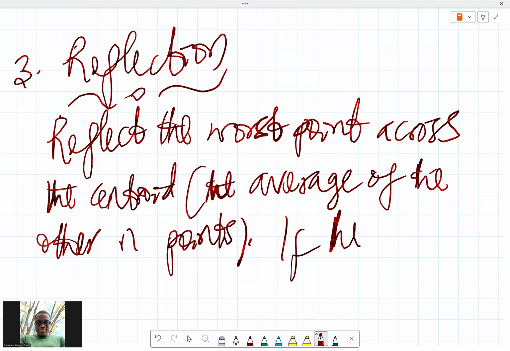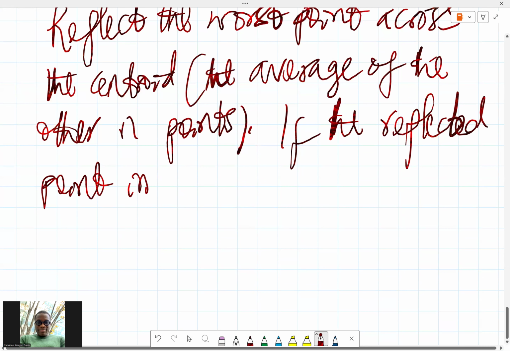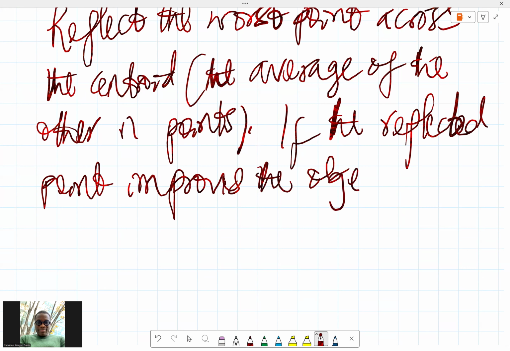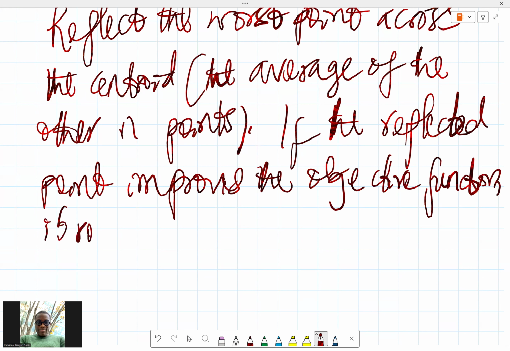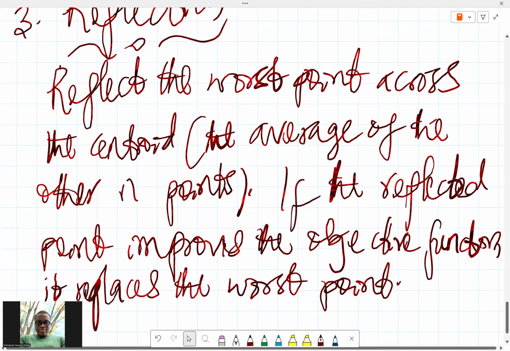If the reflected point improves the objective function, it replaces the worst point. That's the third step, reflection.